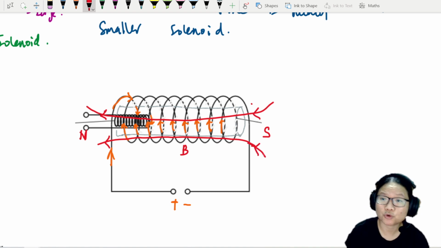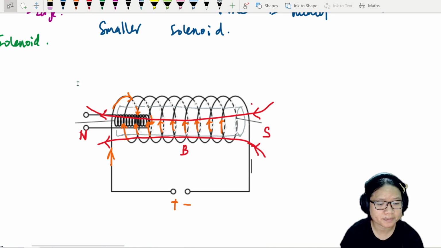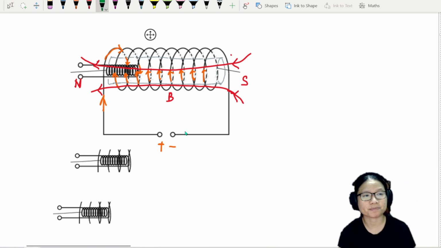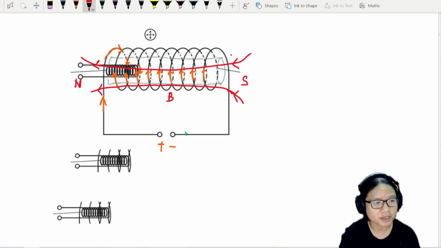And now we are going to remove the smaller solenoid. So whenever we remove the smaller solenoid, there are some changes that happen in the smaller solenoid. So if we look at this, right now, the solenoid in this position also got magnetic field in this direction. This is the field of the large solenoid.